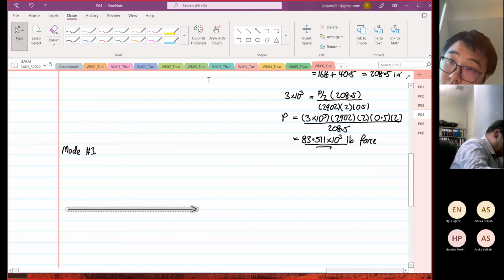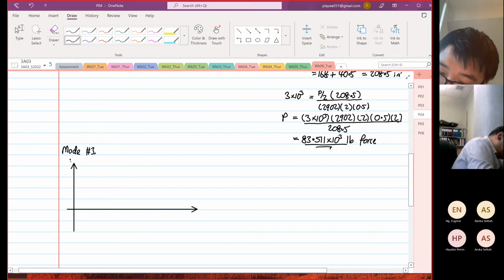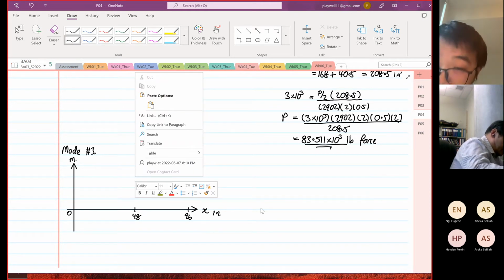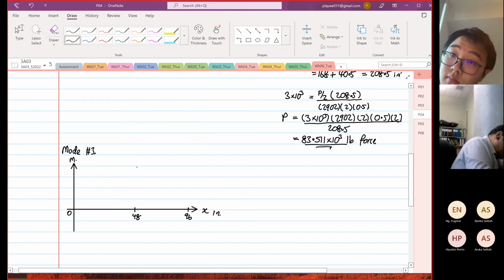We are just going to focus on the positive. This is our moment. This is 0, this is 48, and this is going to be our 96x, in inches. And we know that the maximum bending moment will occur at the center. This is because the shear force is equal to 0.